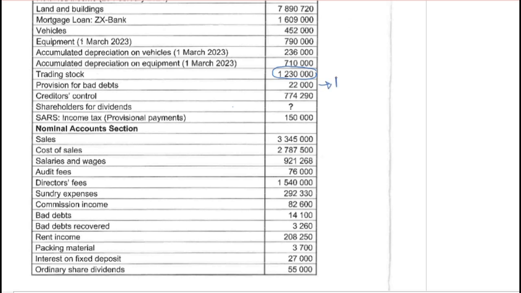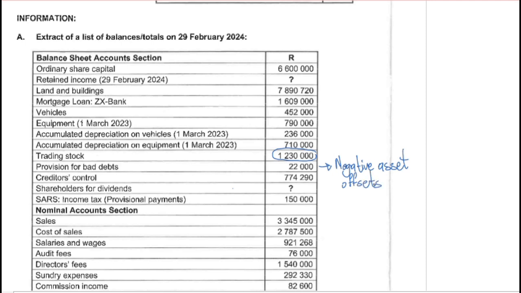So the provision for bad debts is a negative asset offsetting the debtor's control account. It is used to reflect the risk that the company may not be able to collect all the debt owed by its customers. It represents an estimation of how much debt the company thinks it will have to be written off as a result of customers failing to pay their debts.